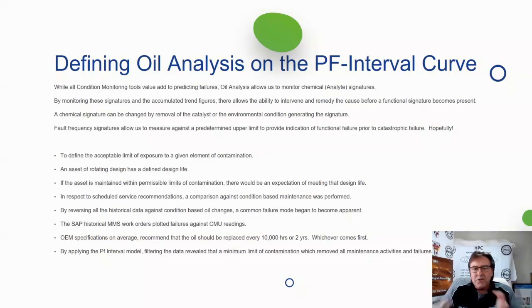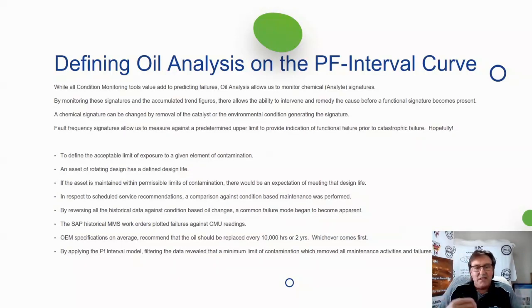By monitoring these signatures, set with stringent alarm limits, we can then look at eliminating or reducing the amount of functional failures, whether it's an environmental condition, an operating condition, or a lubricant behaviour, to be able to get the most out of our design life. So we have to have those predefined sets of limits so that we can create that, and we get that from statistical data.